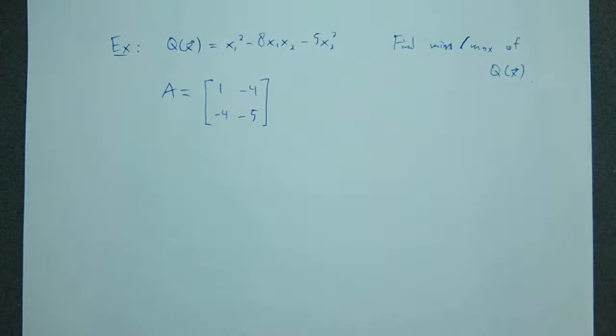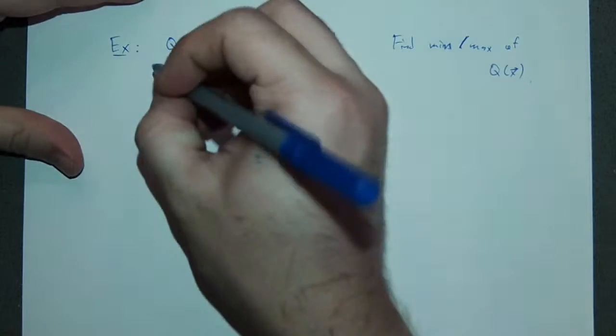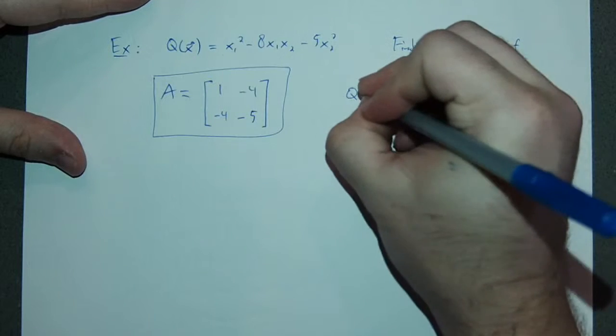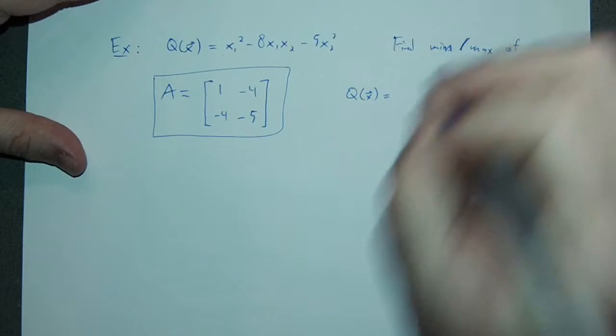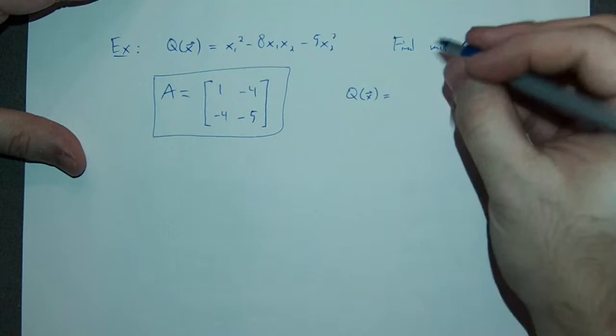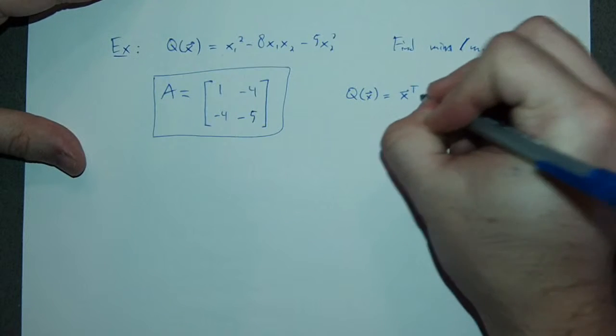Each of those would be half of this. Looking at this, here's my symmetric matrix that gives rise to the quadratic form. If you were to actually check this, what you have is that this is X transpose A X.